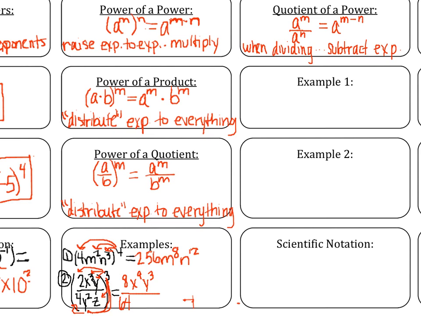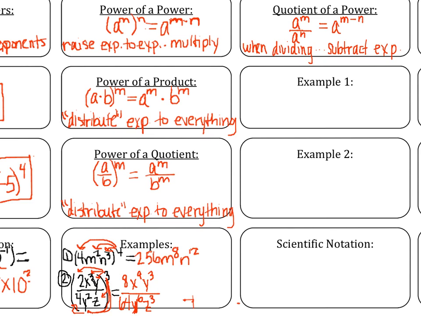And then I've got y to the second to the third power. So y to the second to the third, that's y to the 6th. And then still on the bottom, I've got z, and I need to give that the third power. So I've got z to the third power on the bottom.